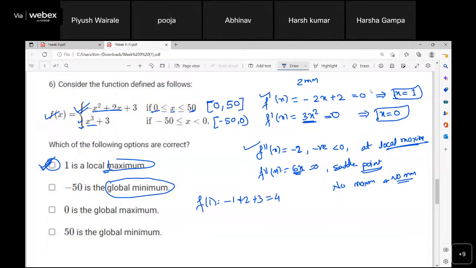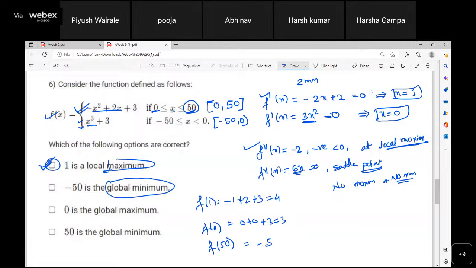So now try to put the boundary points. What I will get for f of 0 in this particular expression? 0 plus 0 plus 3. So that is 3 only, right? Now just put f of 50 here, right?